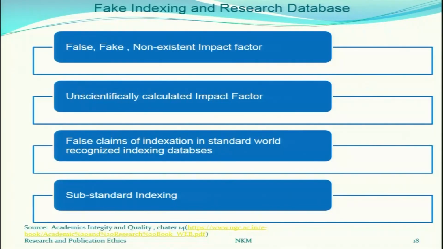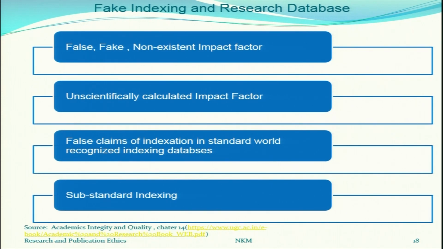Now let's try to understand further. There are many other features. These journals show fake indexing and research databases. They maintain a false, fake and non-existent impact factor, and their impact factor is unscientifically calculated.